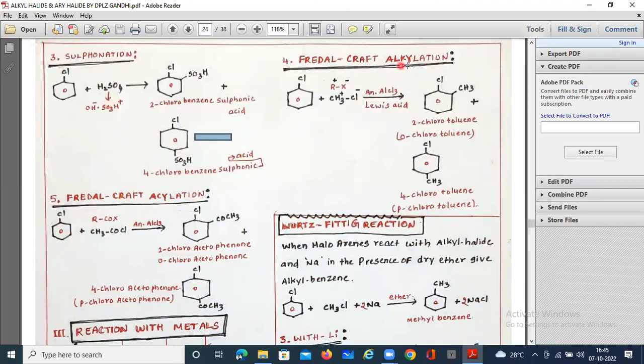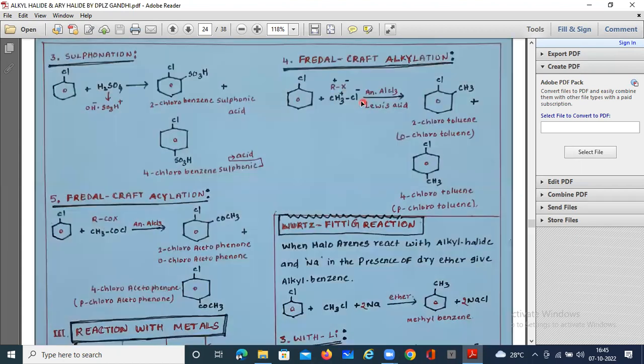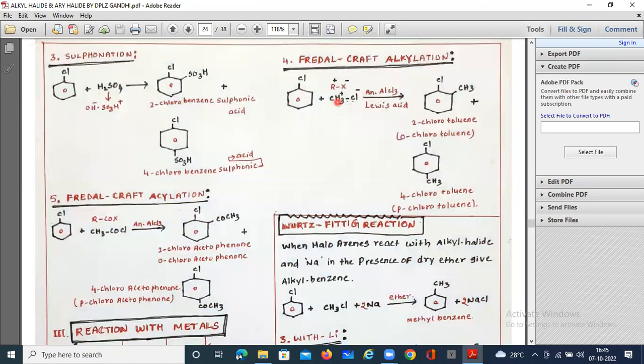Next, the fourth one, Friedel-Crafts alkylation and acylation. Very important one according to the board level and the IP point of view. Whenever chlorobenzene or haloarenes react with an alkyl halide, like CH3Cl, in the presence of anhydrous AlCl3, which acts as what?